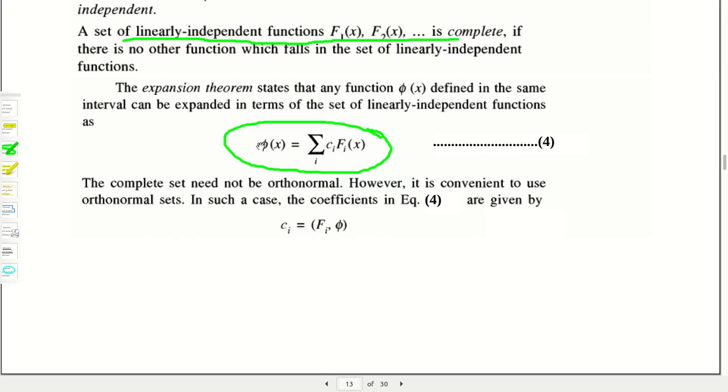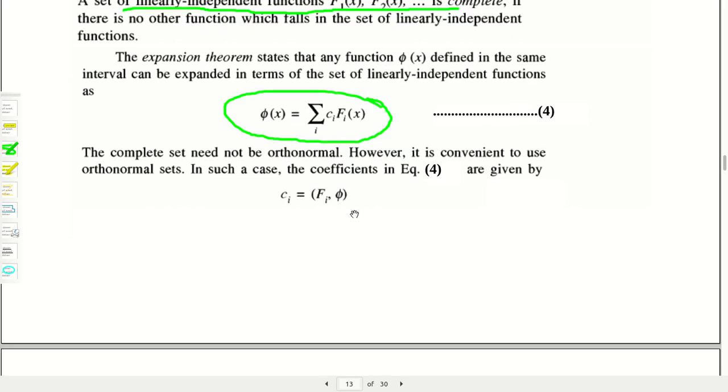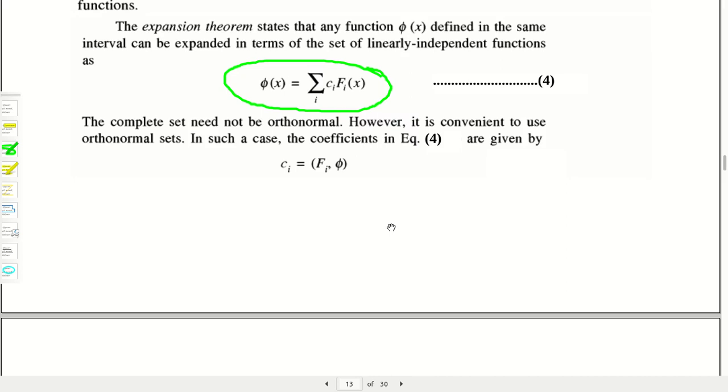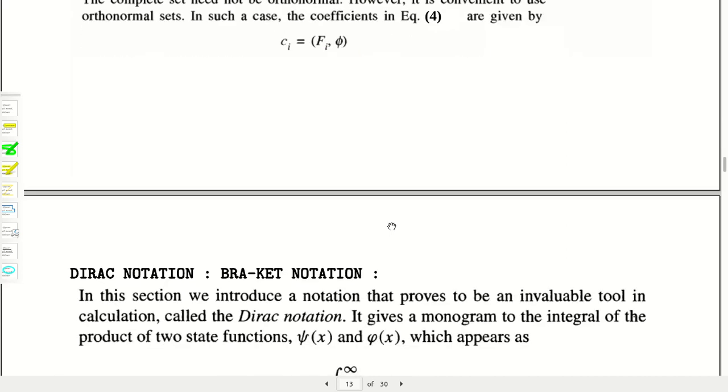So ci is equal to phi comma fi, or you can write it the converse way, fi comma phi. The meaning is the same, it is commutative. So ci can be found like this. I will come to the detailed calculation of ci. It is simple, but I will show you in steps later in the lecture, where I will talk about the expectation values.